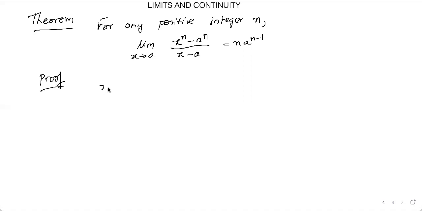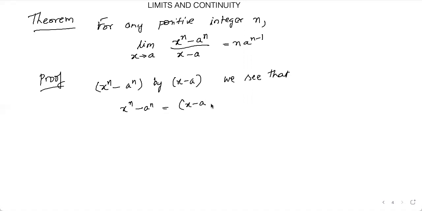Now dividing x to the power of n minus a to the power of n by x minus a, we see that x to the power of n minus a to the power of n is equal to x minus a times x to the power of n minus 1, plus x to the power of n minus 2 into a, plus x to the power of n minus 3 into a square, and so on, plus x a to the power of n minus 2 plus a to the power of n minus 1.